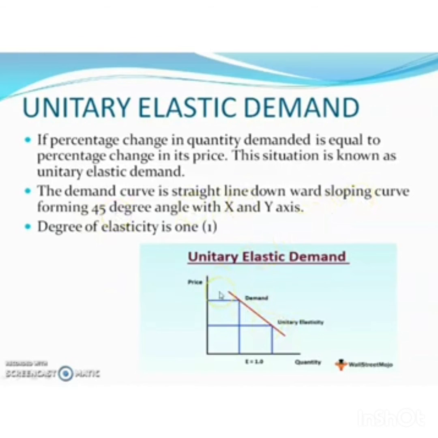So, in the case of unitary elastic demand, the percentage change in price is equal to the percentage change in quantity demanded. From the diagram you can understand that if the price decreases from the first line to the second line, the change in quantity demanded will be in the same proportion. So this change is equal to this change.